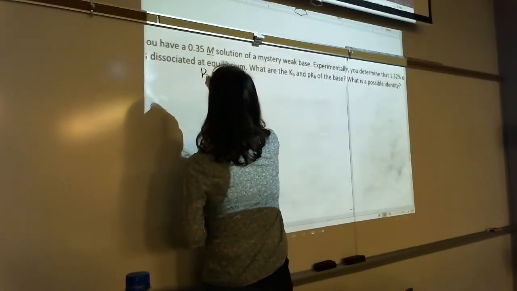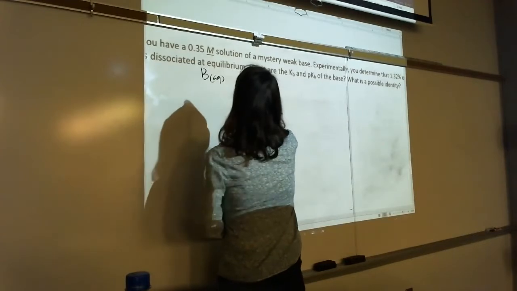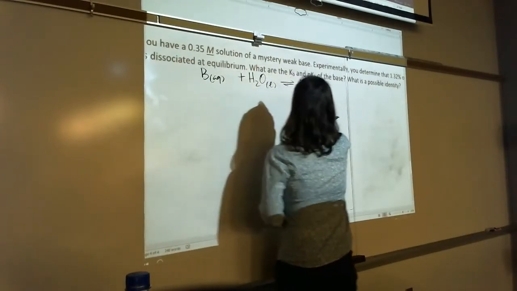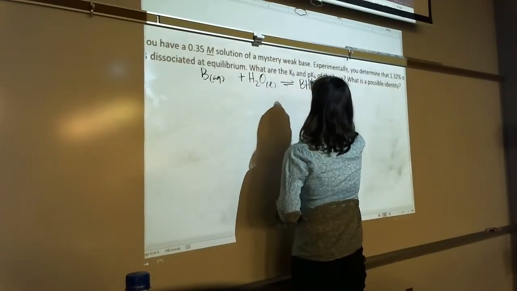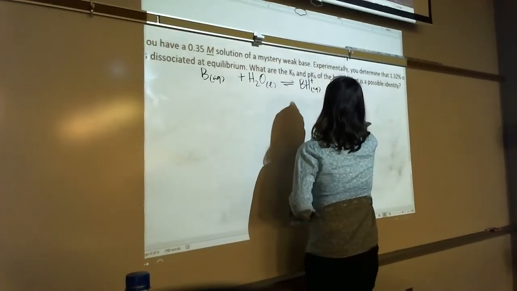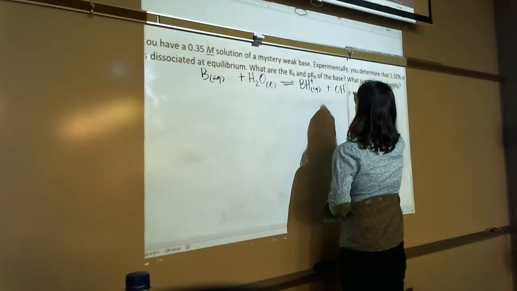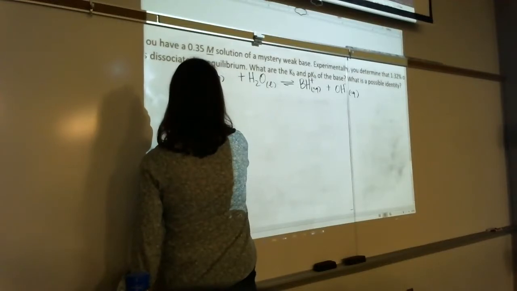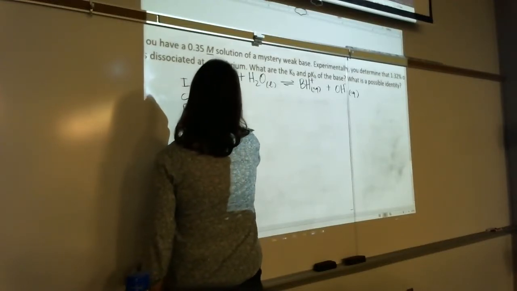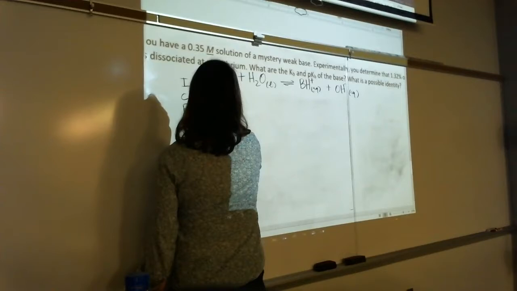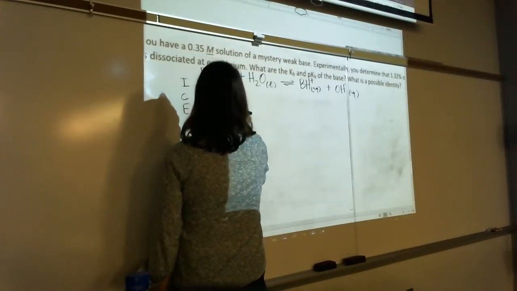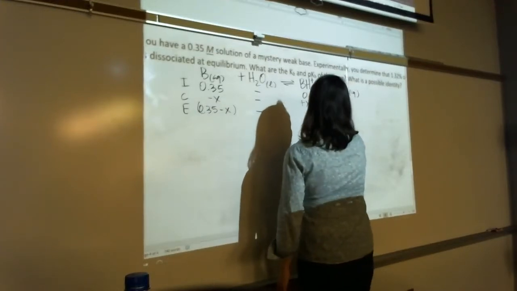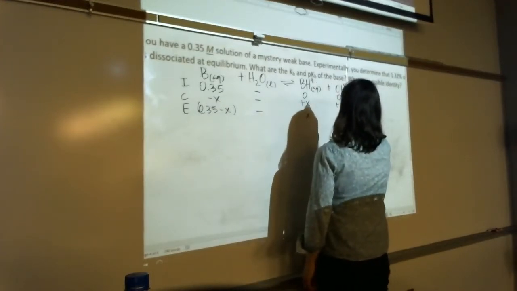So B plus H2O is in equilibrium with BH plus and OH minus. Okay, so it's 0.35 molar. 0.35 minus x, 0.35 minus x, 0 plus x, x, 0 plus x, x.